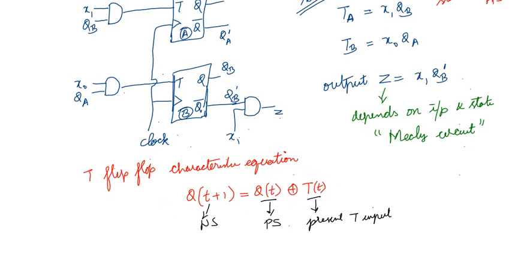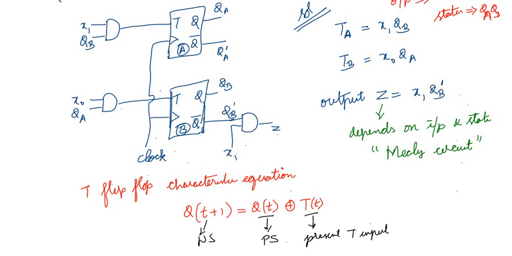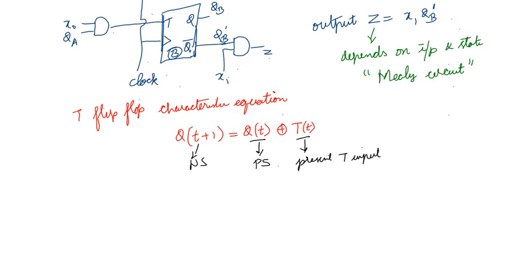In this circuit we have two flip-flops, T flip-flop A and T flip-flop B. So we can modify this into two expressions. For the A flip-flop, the output QA(t+1) is equal to QA(t) XOR TA.